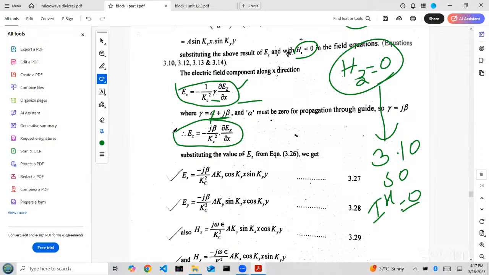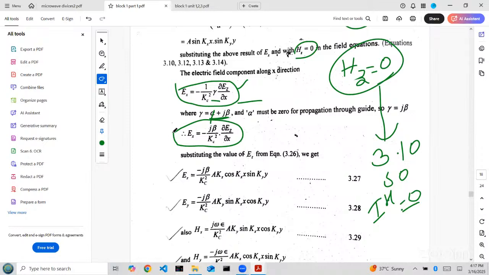If you get the Ex equation, similarly you have to write the remaining equations Ey, Hx, Hy. Ex has to be brought first, and based on that we write the other equations. All field equations you have to write.